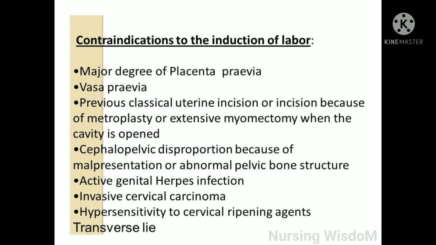The contraindications to the induction of labor: major degree of placenta previa, vasa previa, previous classical uterine incision or incision because of metroplasty or extensive myomectomy when the cavity is open, cephalopelvic disproportion because of malpresentation or abnormal pelvic bone structure, active genital infection, invasive cervical carcinoma, hypersensitivity to cervical ripening agents, transverse lie.